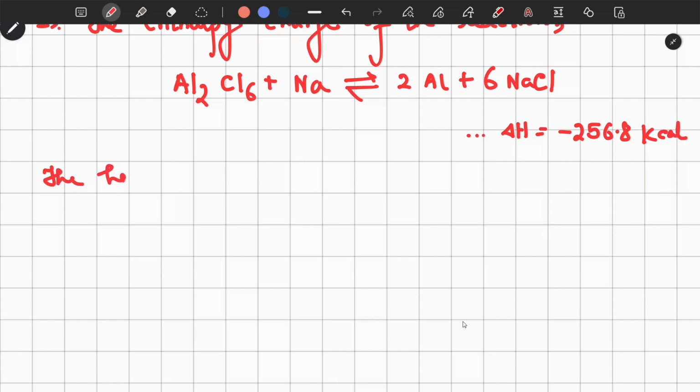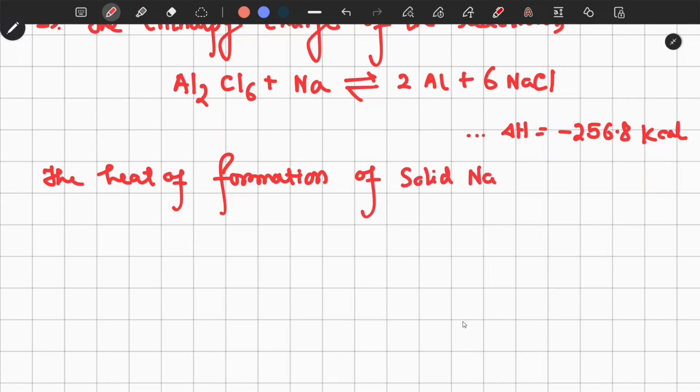They have asked, the heat of formation of solid NaCl is minus 98.2 kilocalorie. This is given.